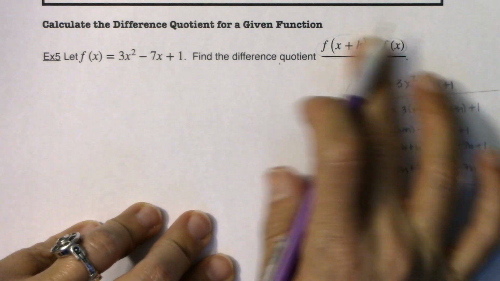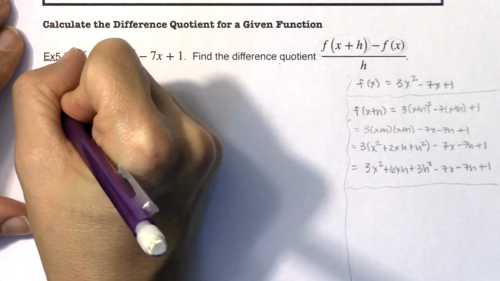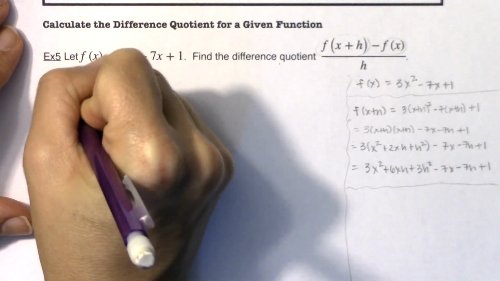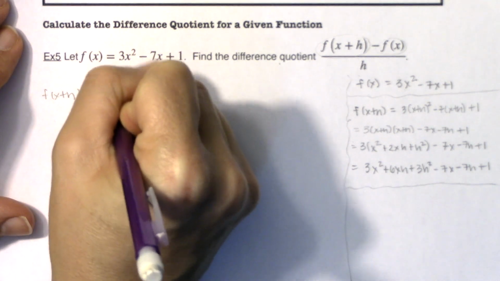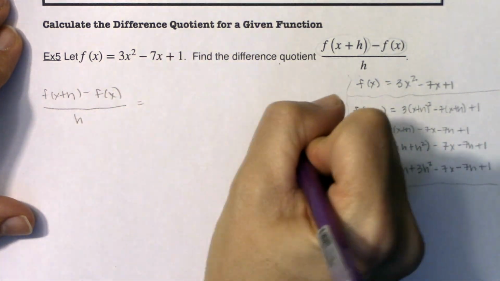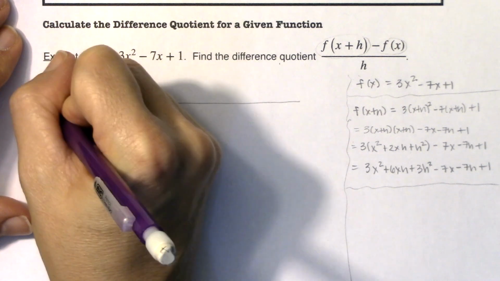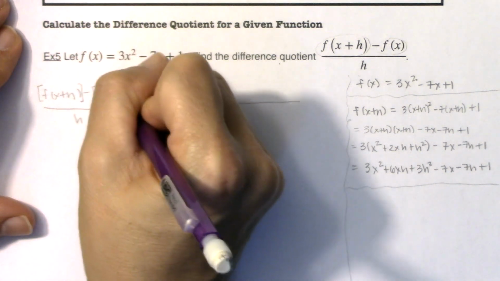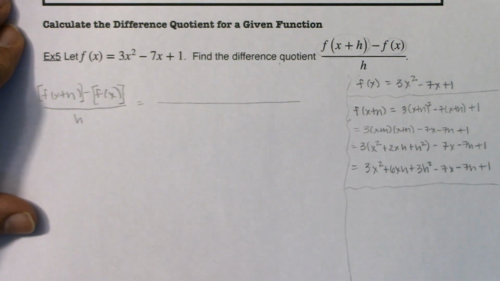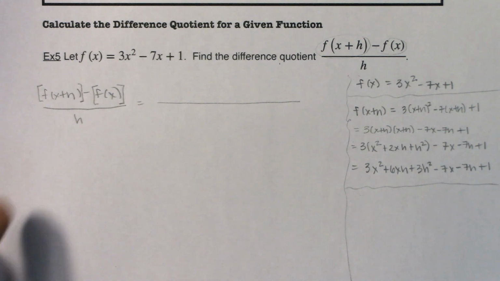So now let me return to this difference quotient. I'm looking at f of x plus h minus f of x in ratio to h. For substitution's sake, I'm going to put this in a bracket and this in a bracket, just so you can see me work this, especially the first time out as we're going through this together.